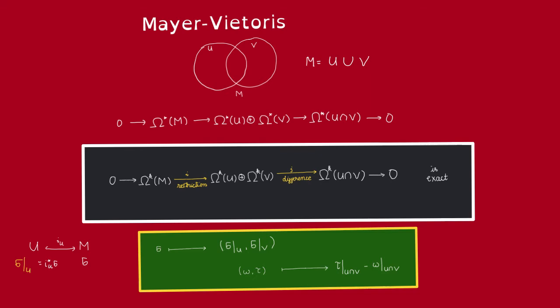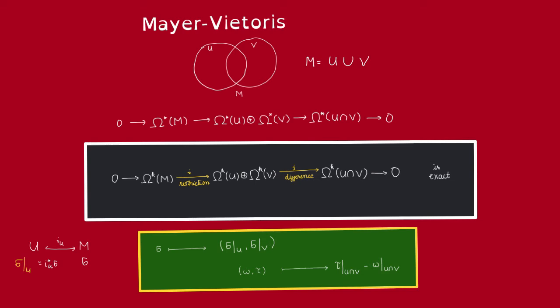Good, so now let's talk about the second map. We call this the difference map, and true to its name, it sends a pair of k-forms to their difference. So let us explain what we mean.